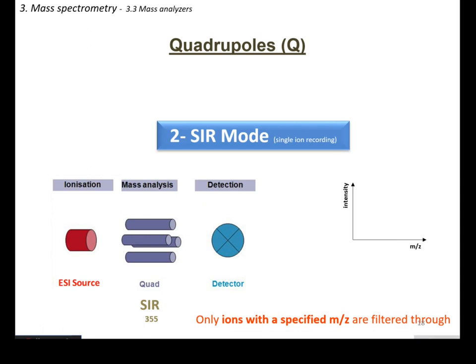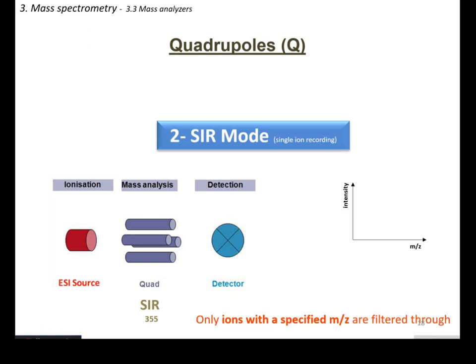Now there is a second way to use a quadrupole, which is the SIR mode, single ion recording, or sometimes you find single ion monitoring, SIM. In this case, the quadrupole is set to a particular m/z ratio. Let's say here 355, because you know that the molecule you want to analyze, you want to quantify, has exactly this mass, 355. Remember, quadrupoles are low-resolution machines, so you don't need many digits after the unit.